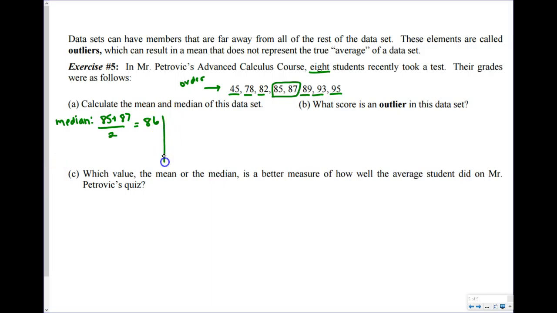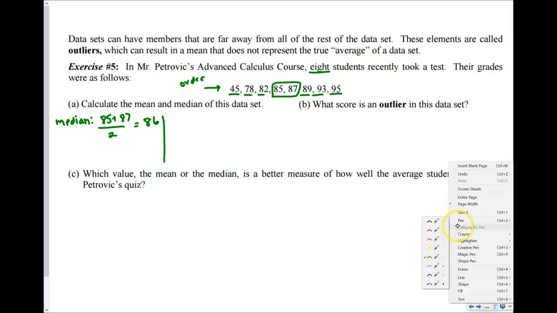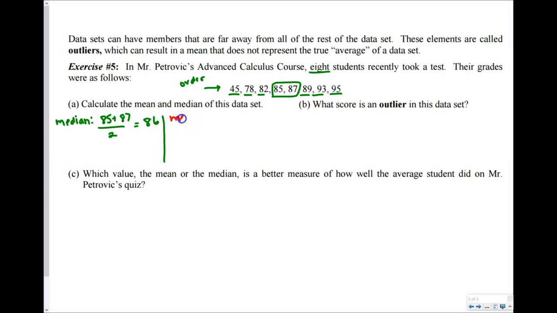And my mean is going to be 45 plus 78 plus 82 plus 85 plus 87 plus 89 plus 93 plus 95, all divided by 8. That means my mean is going to be 654 divided by 8 to give me a mean of 81.75.